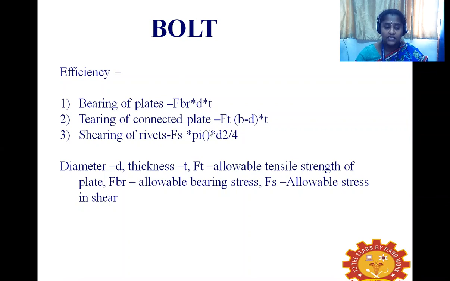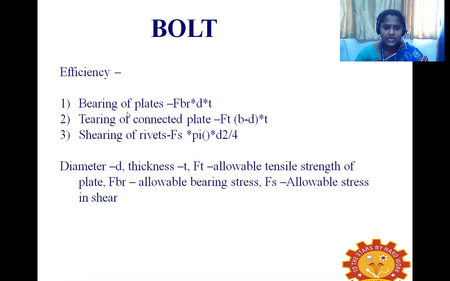And the major thing here in the bolt is two factors. One is the efficiency of the bolt and the other one is the failure modes of the bolt. Based on what principles do we decide the efficiency of a bolt?